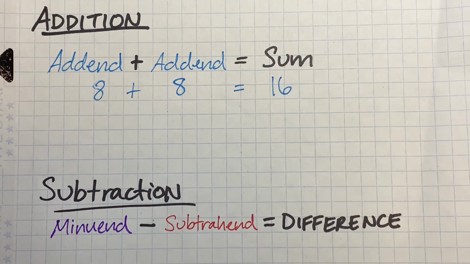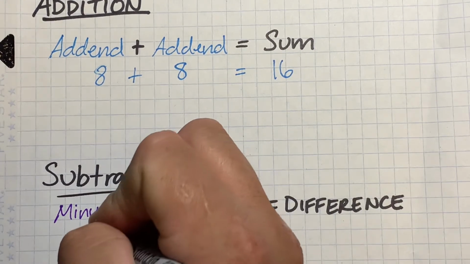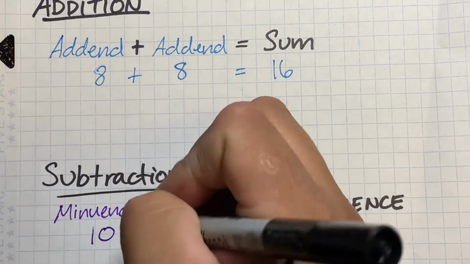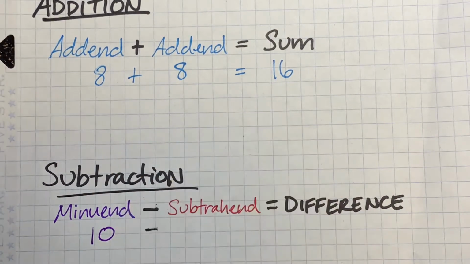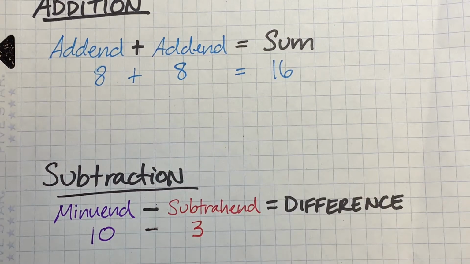Moving on, for subtraction, your minuend would be the first number in the subtraction problem. In other words, it would be like the total of what you would have. Let's say, for example, I have 10 apples. Now, if I were to give away 3 apples, how many apples will be left?